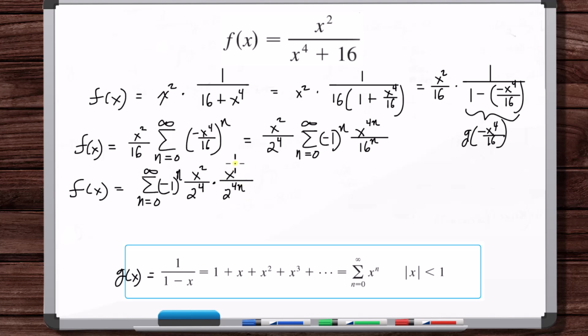Okay. So we've got, let's do this, 2 to the 4n plus 4, and then x to the 4n plus 2. Yeah, there we go. So that's the form we'll put it in.